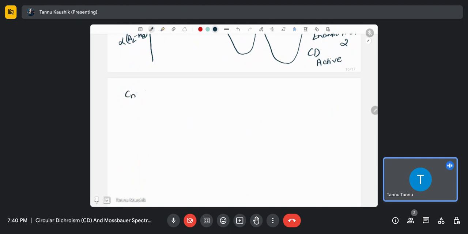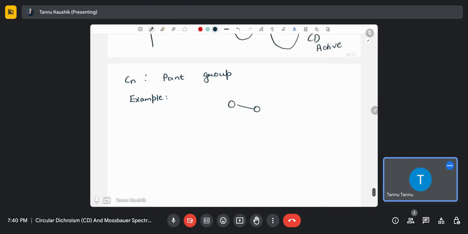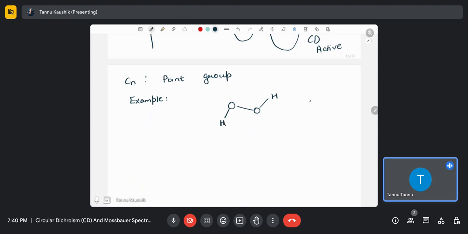So if we take an example of a Cn point group, let's say we have S2O2. It has an open book, or we can say open laptop, geometry.